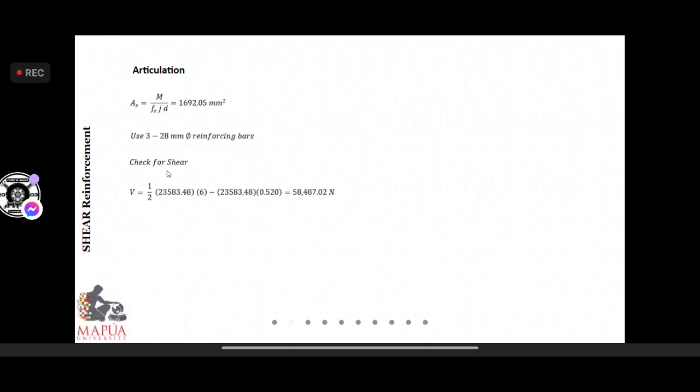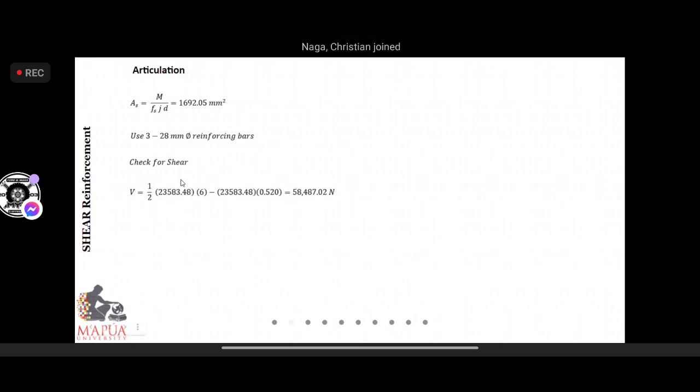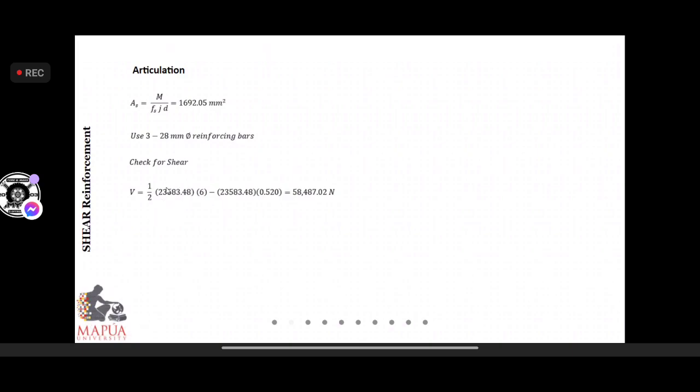So this will be, you know this already, the support reaction, 23583.48, the new computation with the new dimensions as we revisit the requirements for the supply D. And this is, as I mentioned, the new uniformly distributed loading multiplied by the D distance, 0.52. You will arrive with this magnitude for the shear for that location.